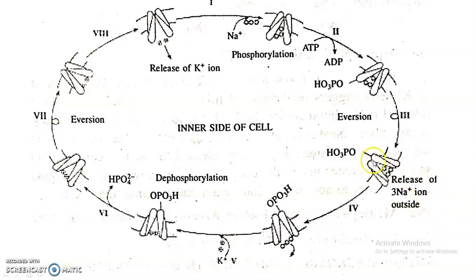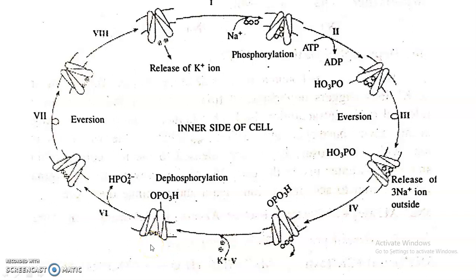So now the inside gate of the 2 alpha subunits is closed, and the outside gate is open, and therefore 3 sodium ions enter into the extracellular plasma. After that, the 2 potassium ions enter through this gate, which is open on the outside portion of the cell.